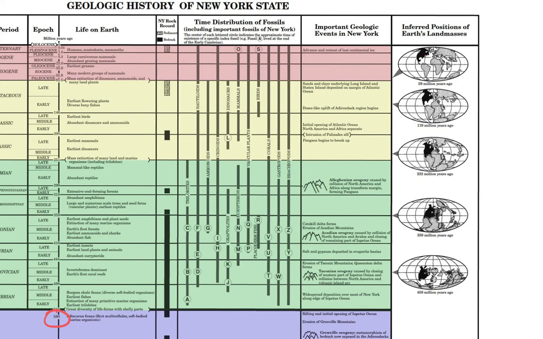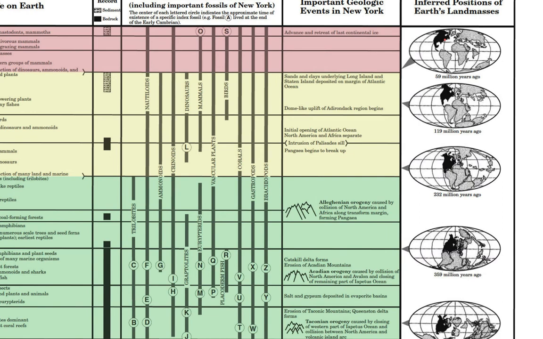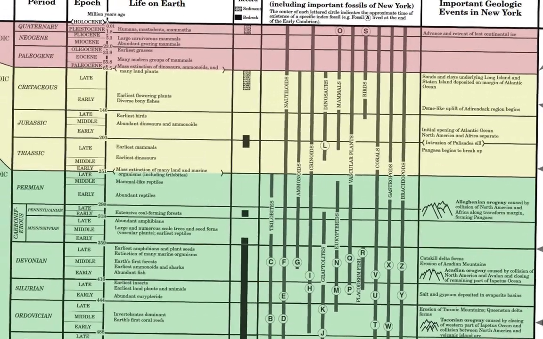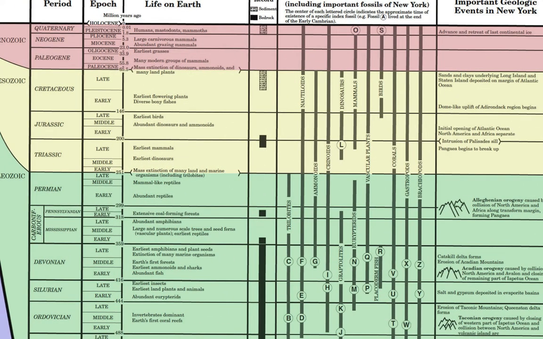If we zoom in a little bit, we should be able to find exactly that statement right here. Initial opening of the Atlantic Ocean. And so if I follow that all the way over to the left, it will tell me when that occurred. So sometime between 146 and 200 million years ago, or in other words, during the Jurassic time period, okay? So the Jurassic time period right there. So we've got our answer for that one.